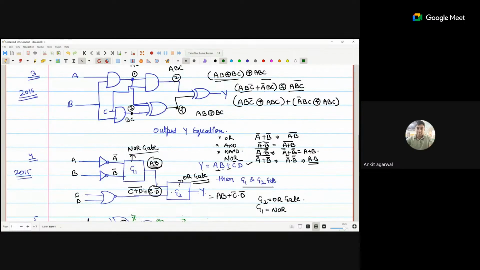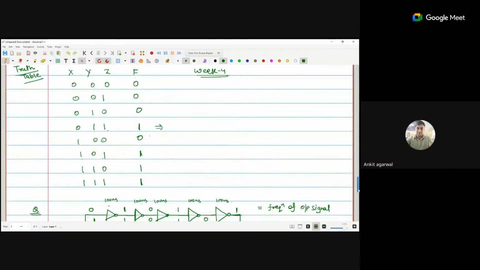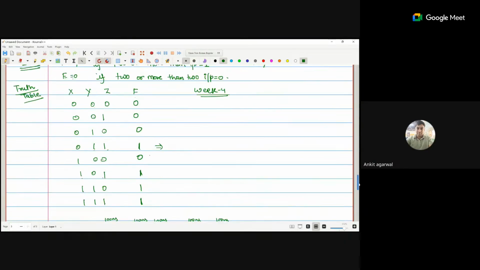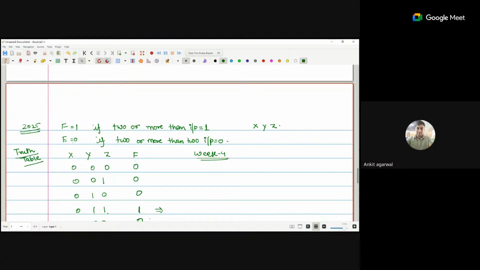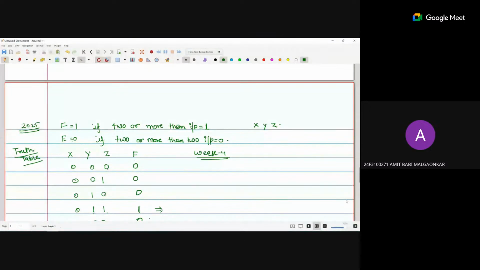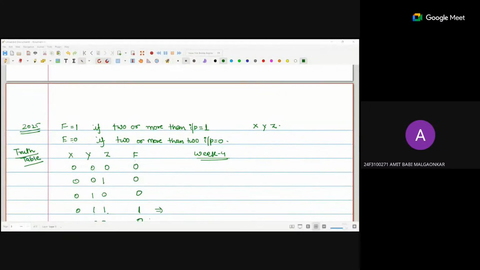If you understand the question, you can easily solve it and calculate the answer. Any doubt you can ask. No doubts?